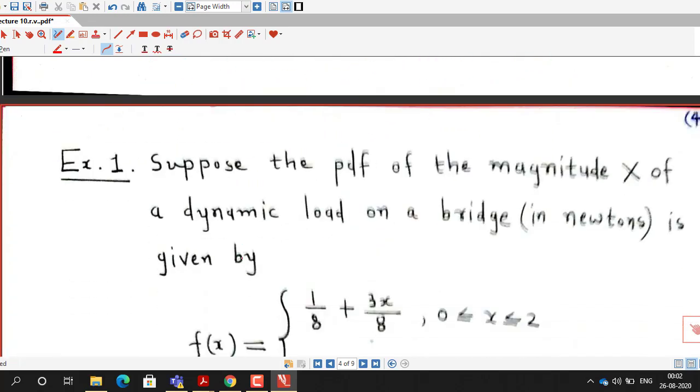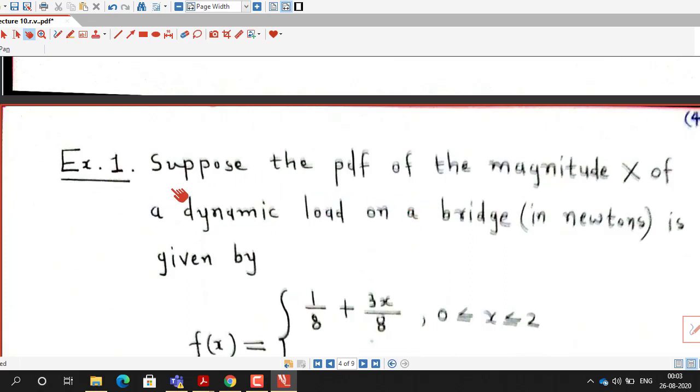So let us consider one example. In this example we will see how to write down the cumulative distribution function from a given probability density function, and we will use that CDF to calculate some probabilities.